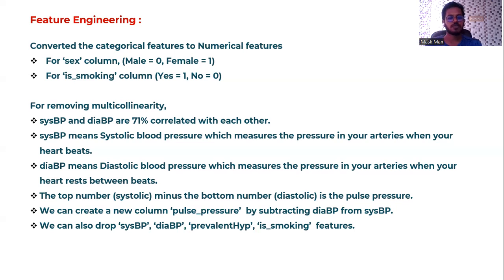So systolic blood pressure minus diastolic blood pressure is pulse pressure. We can create a new column, pulse pressure, from these two columns. After that, we can remove the systolic blood pressure and diastolic blood pressure because we created a new column from those, and we can also remove prevalent hype and e-smoking because e-smoking is highly correlated with cigarettes per day. After removing these features, our data has no multicollinearity.